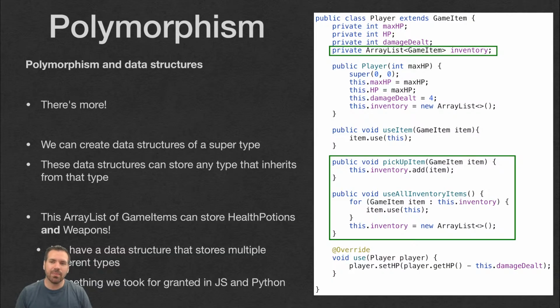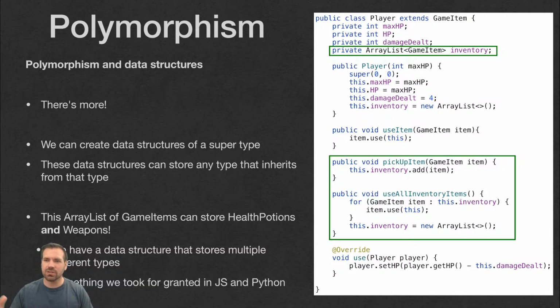But now that we have polymorphism, that type can be one of the super types, a common super type of our classes. So we can also have an array list of game items. So now we can have a player inventory, kind of that inventory management system that I was mentioning. We can put that right in the player class, have an array list of game items, and that's the player's inventory. I can have methods that add items to my inventory, and I can have methods that work with that inventory.